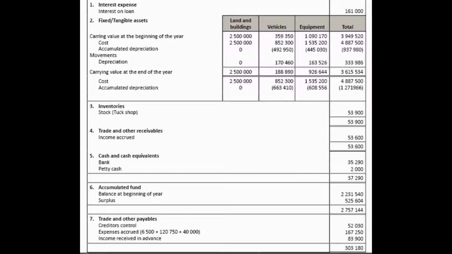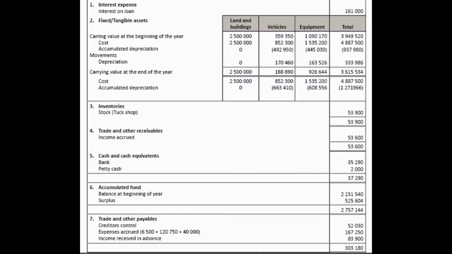Cash and cash equivalents, you get that straight from the trial balance, the bank and the petty cash. Then the accumulated fund at the beginning of the year, that was the balance. And you add your surplus, the amount that you've calculated in your income and expenditure statement. Then we get to trade and other payables. Creditors control, the amount you get from the trial balance.